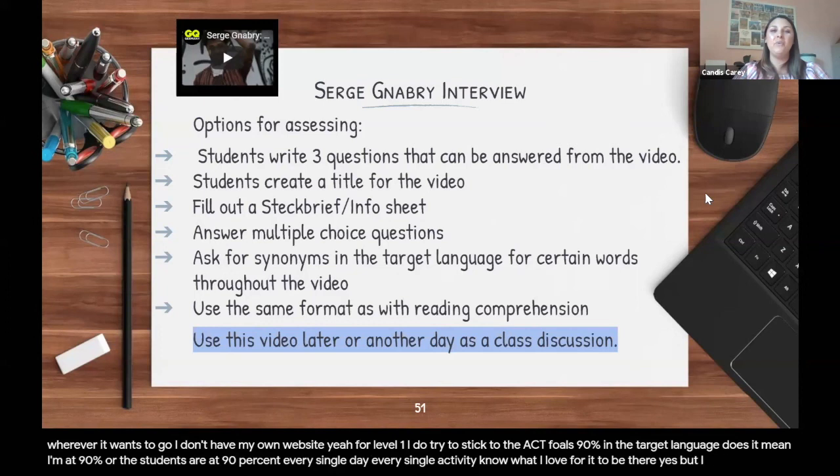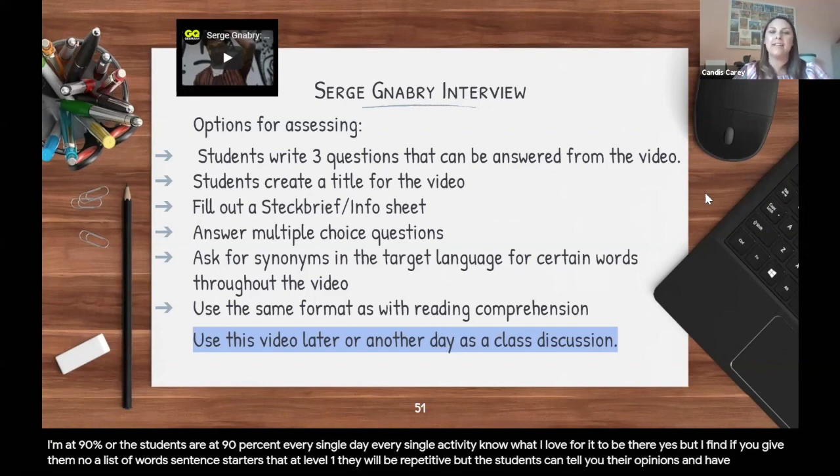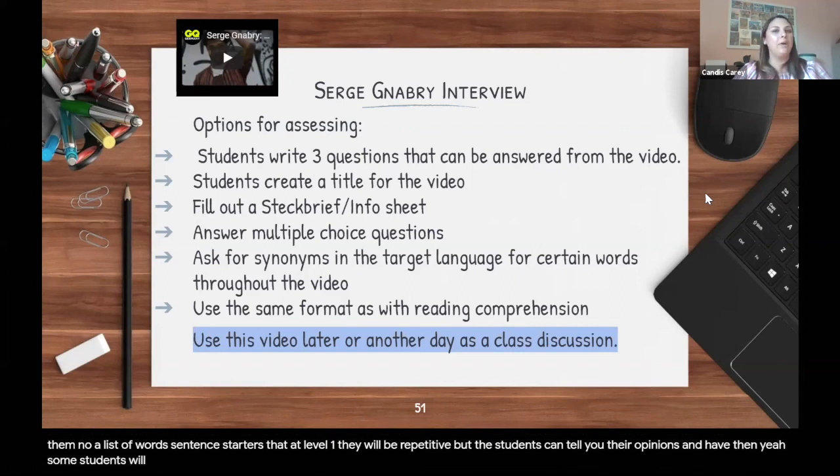But I find if you give them a list of words, sentence starters, that at level 1, they will be repetitive, but the students can tell you their opinions and have mini discussions and mini debates. And yeah, some students will break into English, even in level 3 or 4. And just try to gear them back towards the target language.